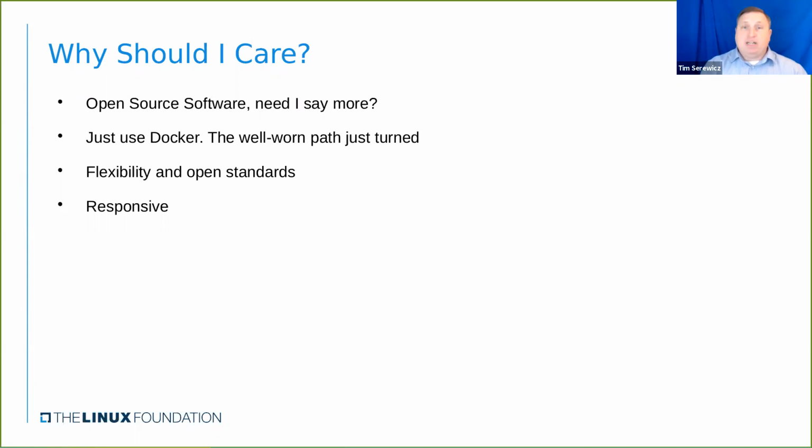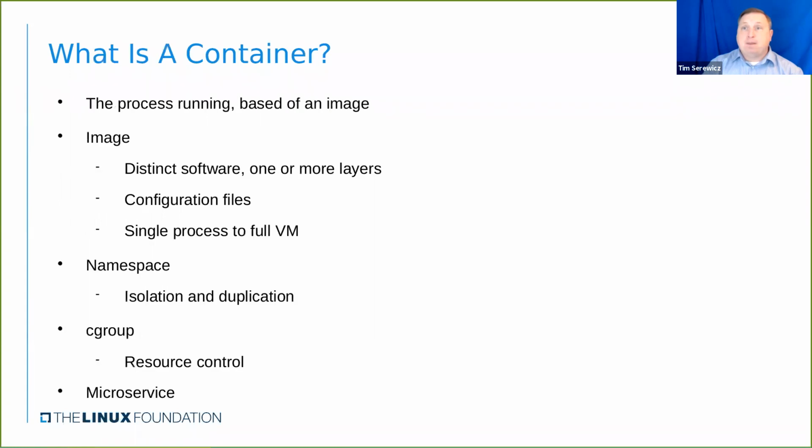We need a feature, we need to fix a bug, great, let's just do that and contribute back to the community. So if we're moving, we may as well move to something that is flexible and open and as responsive as our involvement is with the community.